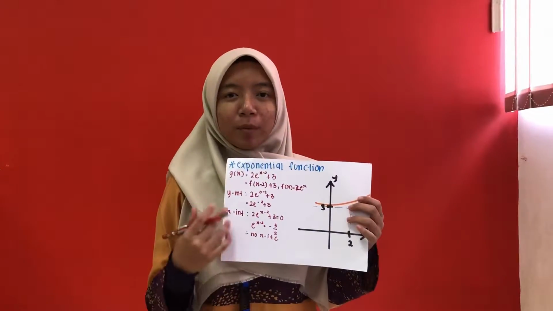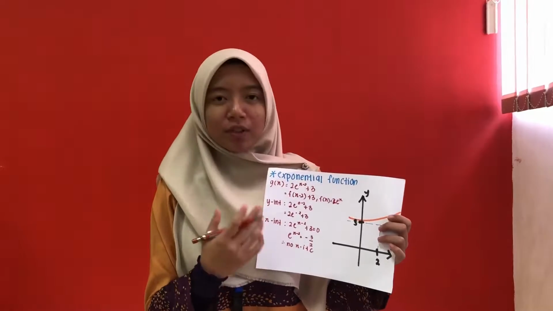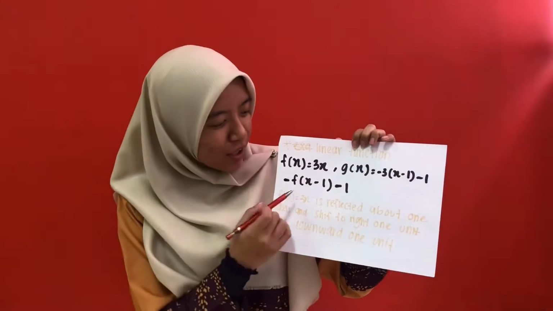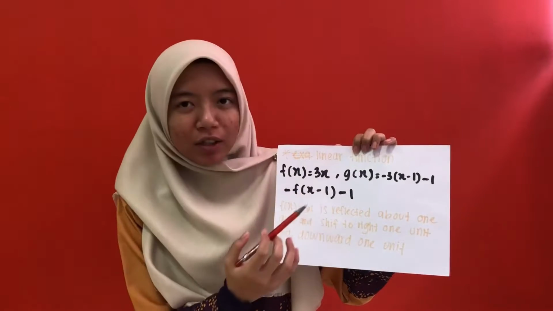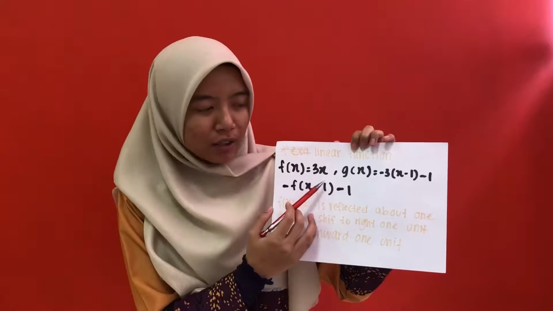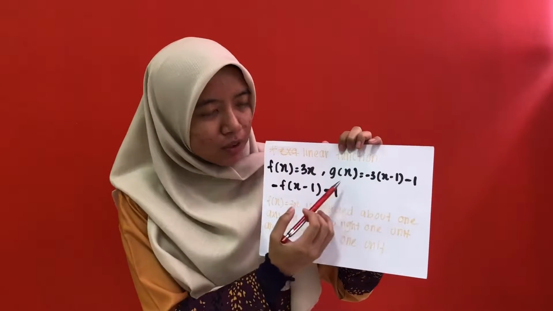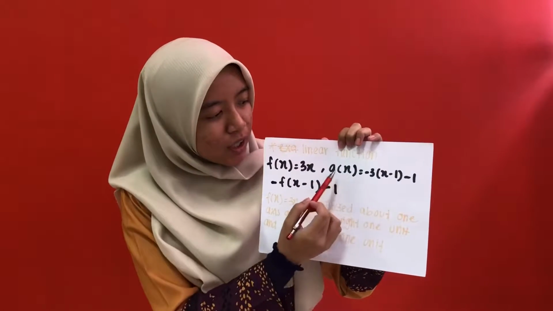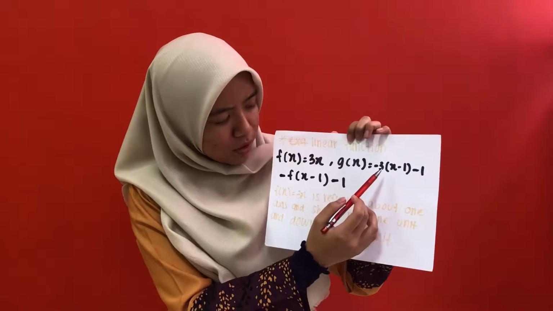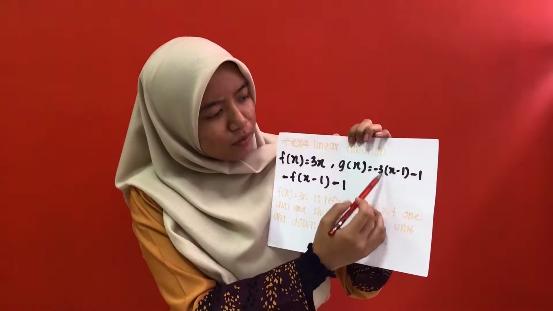Okay, so the next one, we move on to exponential function. Next, I will explain about linear function. As you can see, the basic function for linear is fx equal to 3x. The example for linear function is gx equals negative 3x in brackets.